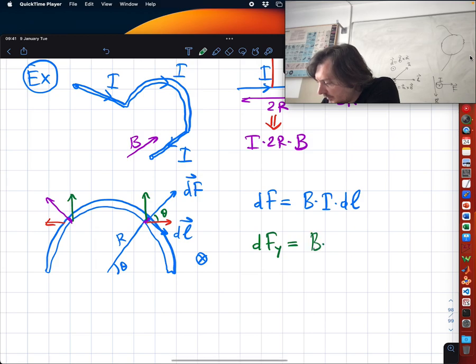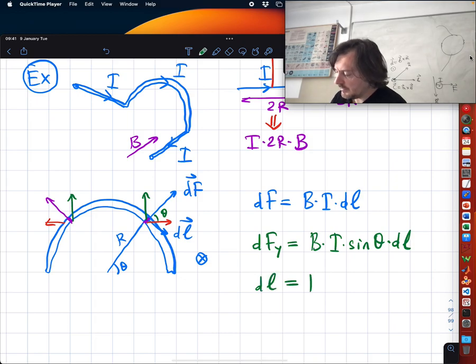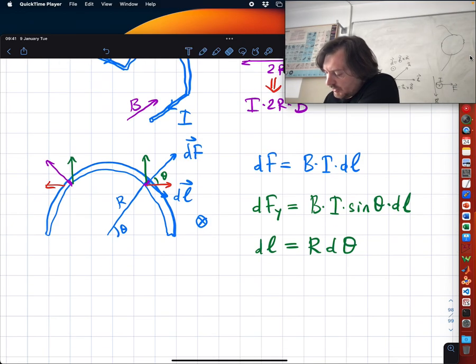So B times I times sine theta times dl. What is dl? R d theta. Everybody agrees with this? Do you have any questions? No? Fine? Good.